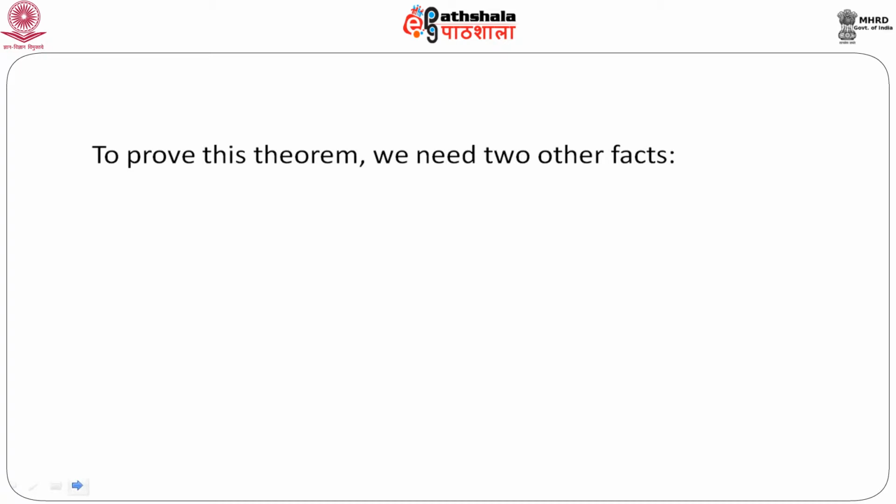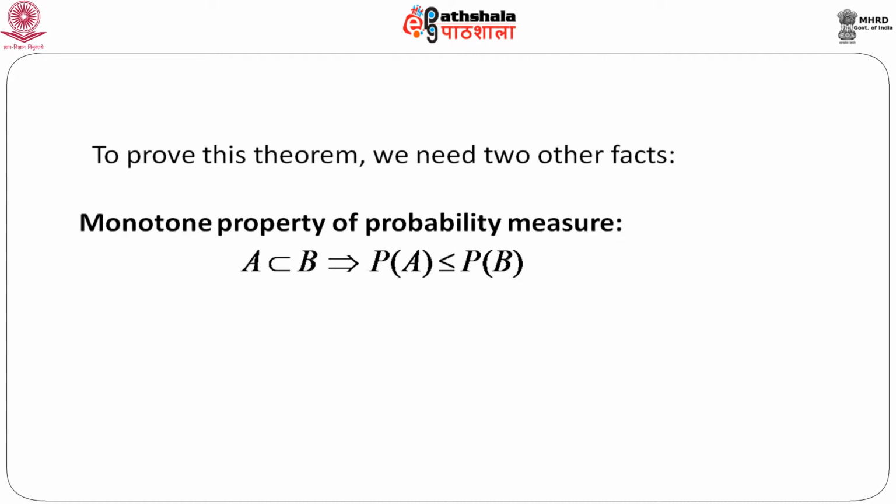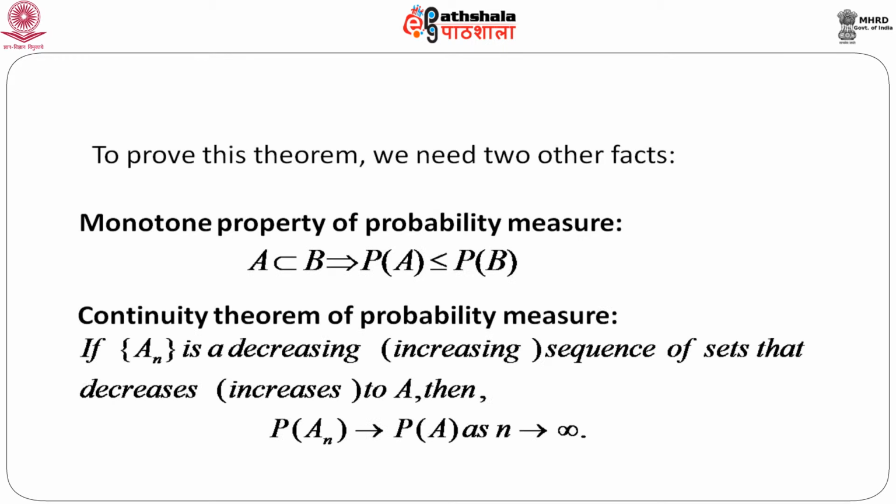So, to prove this theorem, we need two other facts. These are very simple and known to us. First thing is the monotone property of probability measure, which states simply that if A is a subset of B, this will always imply probability of A is less than or equal to probability of B. And another fact, a famous theorem based on probability measure, is called the continuity theorem of probability measure.